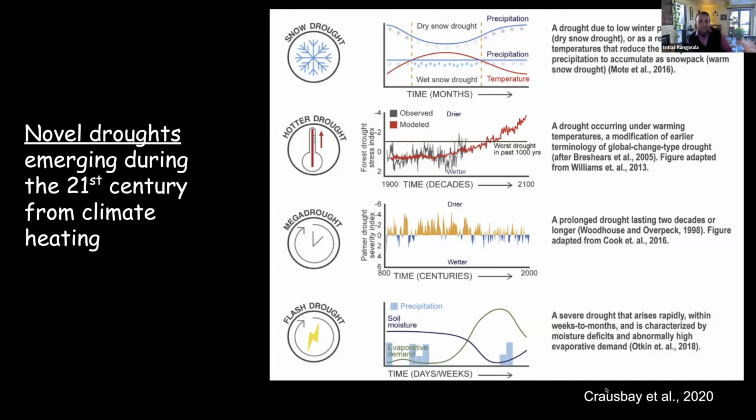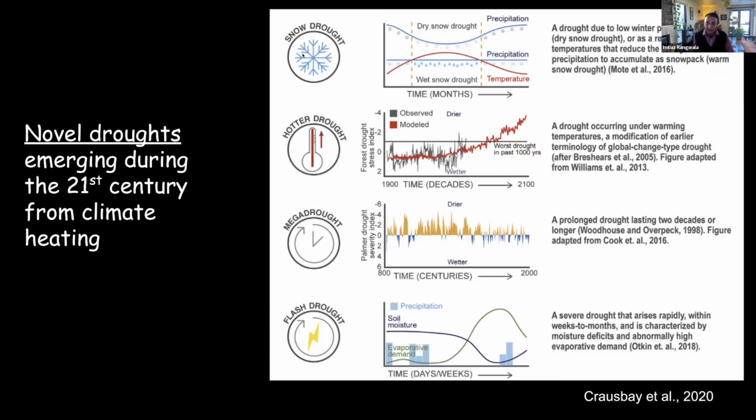As climate is changing, we're also seeing novel kinds of droughts emerging already, or expect them to emerge or become more aggravated during the 21st century. I just mentioned some of these, and this is a cool graphic from a paper by Shelley and co-authors that came out 2 years ago. It talks about 4 different kinds of novel drought that a region may be experiencing as climate is changing.